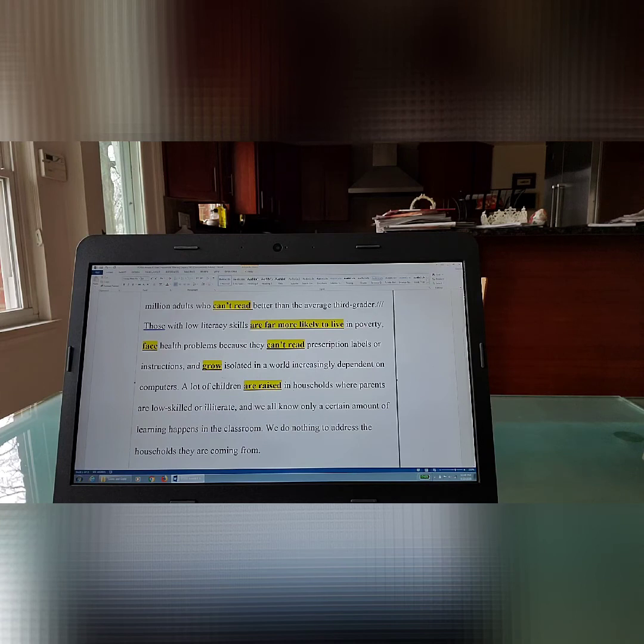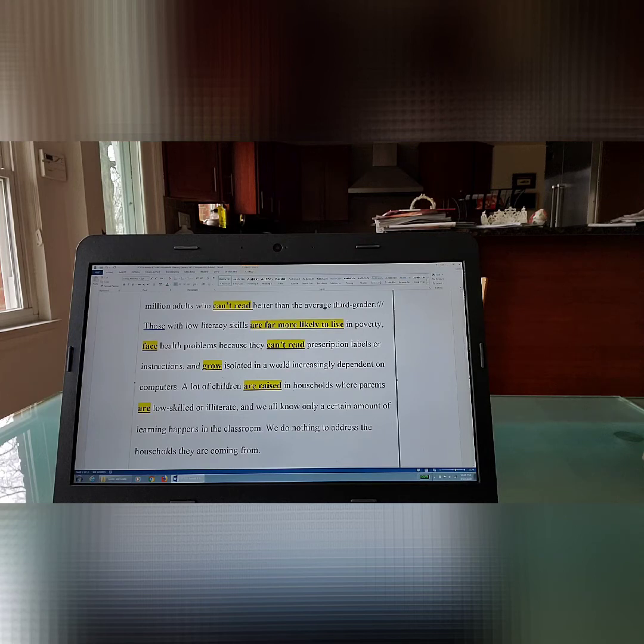In households where parents are. So are is the verb phrase there. And again, are is by itself. So we're going to underline and put that in bold. And we're going to highlight that. So are low skilled or illiterate. And we all know, right?